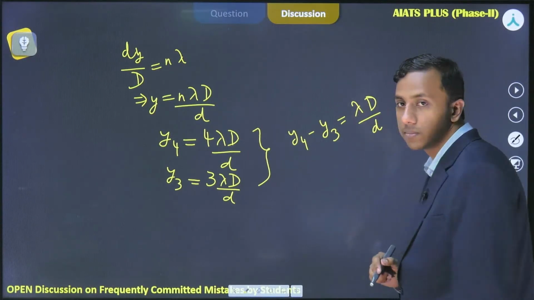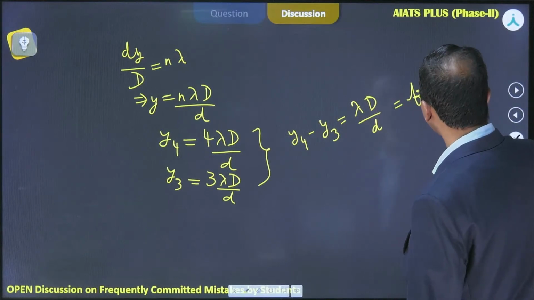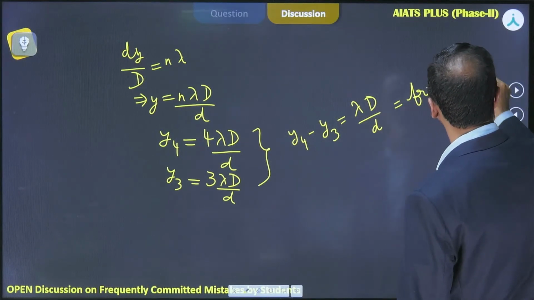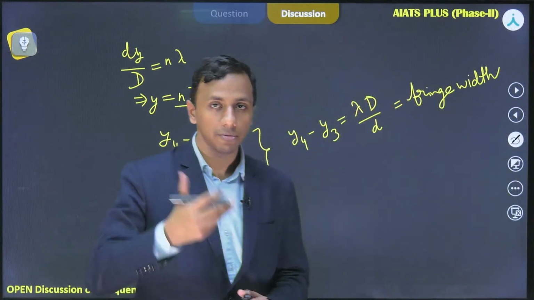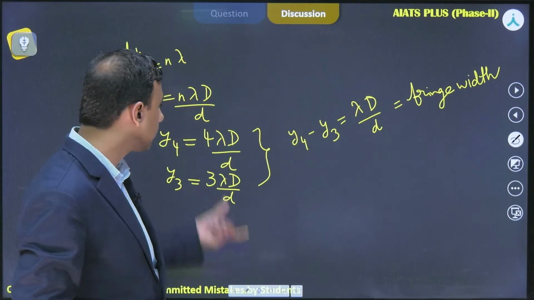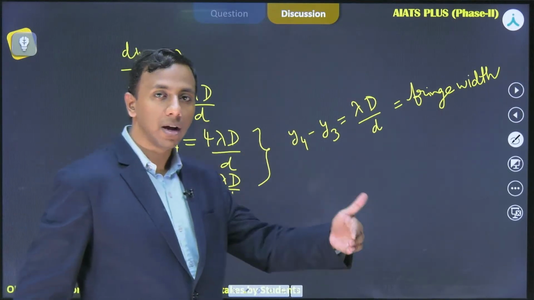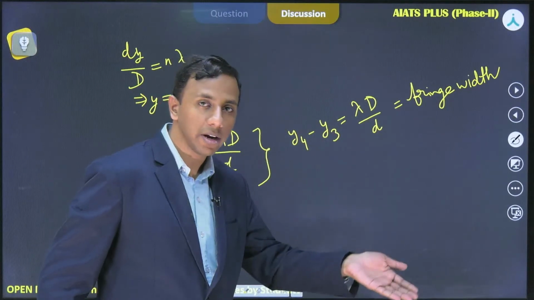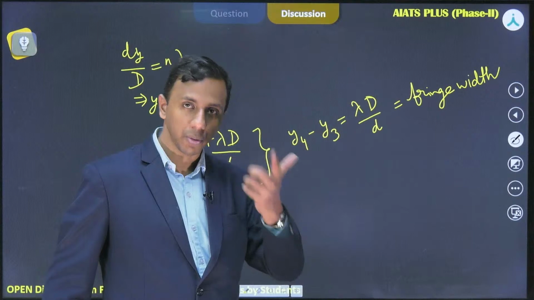That is called fringe width. Similarly, you could also have done it by finding the minima. Find the nth minima and then the next minima, and then subtract them. Again, you will get the same fringe width. If you want, you can try it.